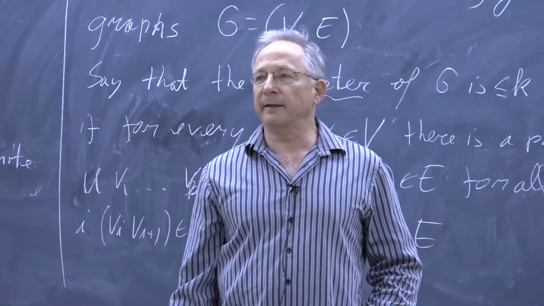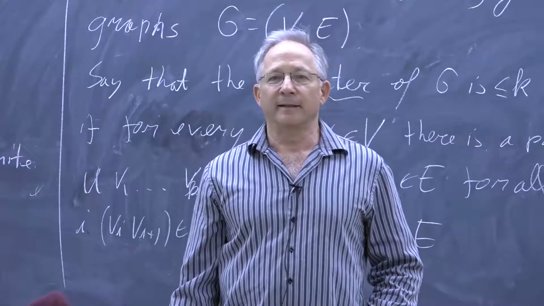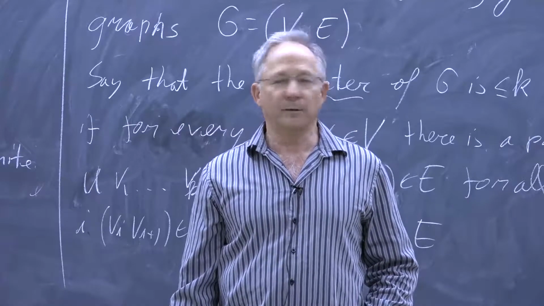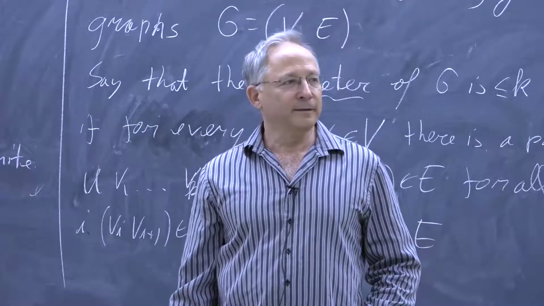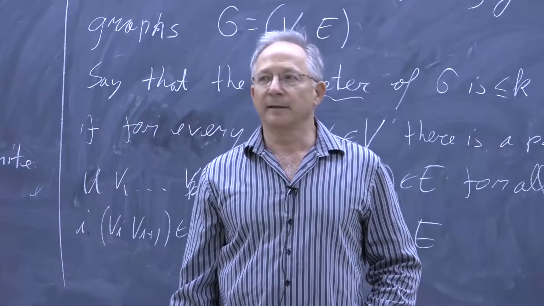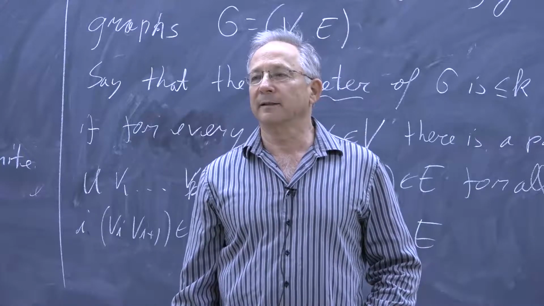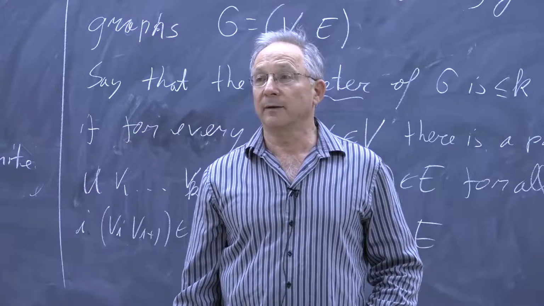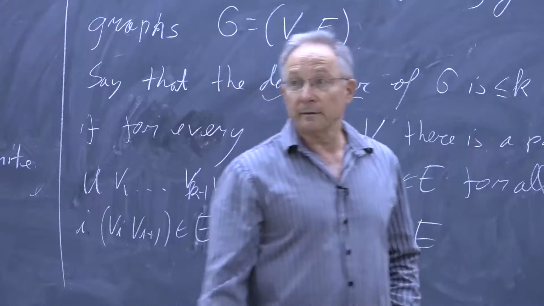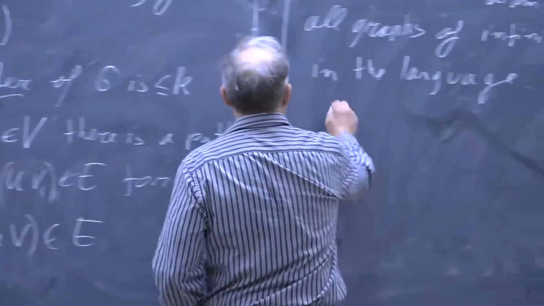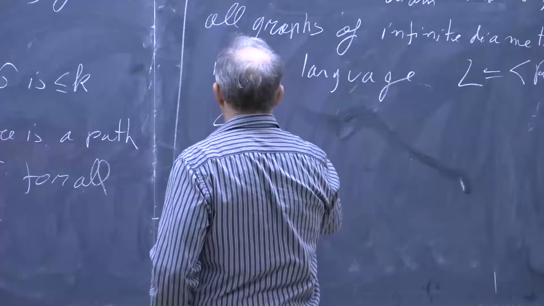How shall I say the diameter is not 1? 1 is not an upper bound of the diameter. Yes? If you're just going for not 1, you can just say there exists an x and there exists a y such that there is no edge between them. Exactly. Right. So I will have these formulas, sigma diameter.